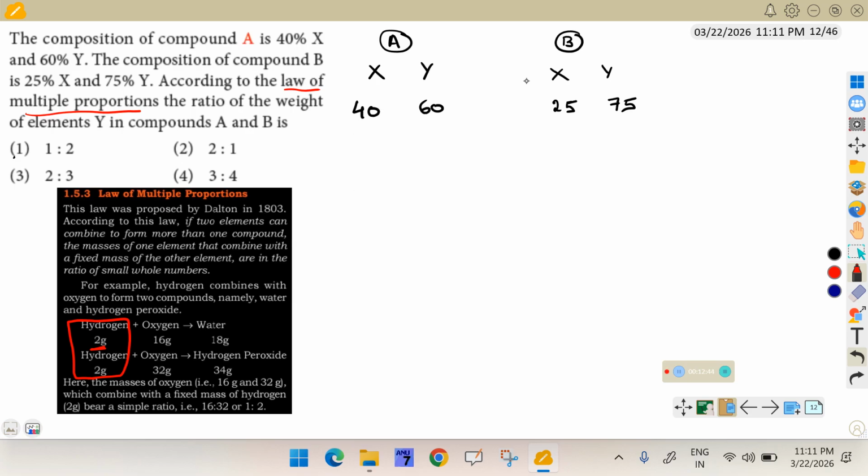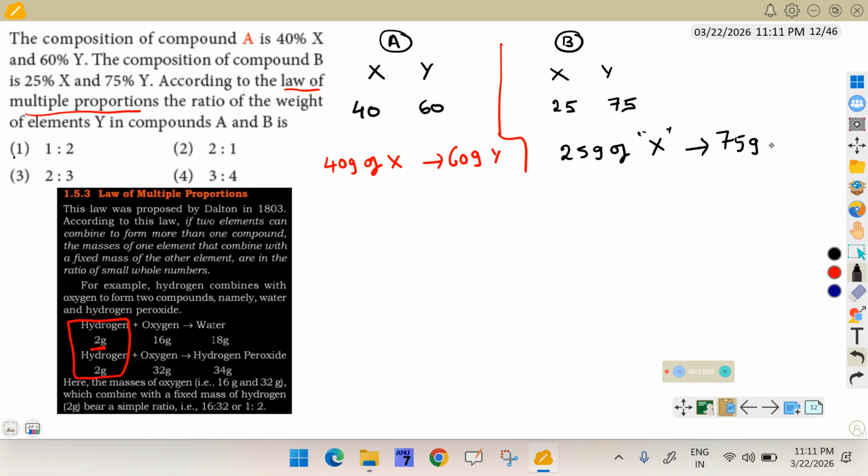According to the given data, 40 grams of X combines with 60 grams of Y, and 25 grams of X combines with 75 grams of Y.